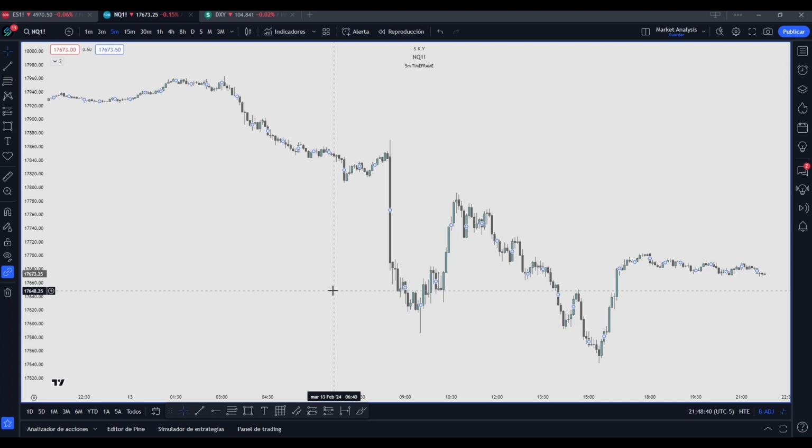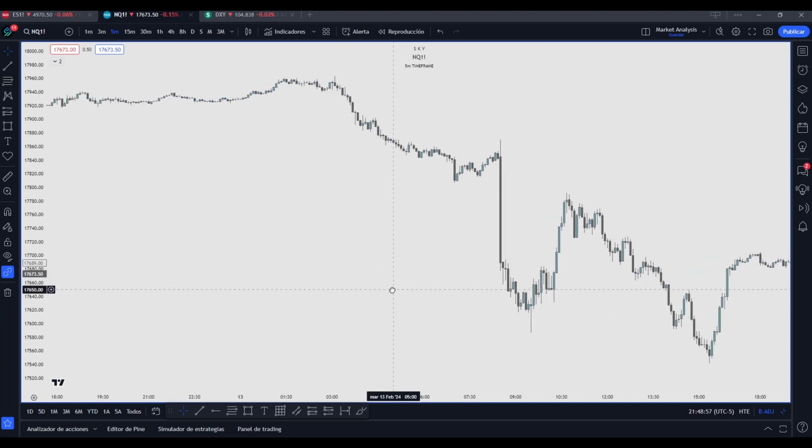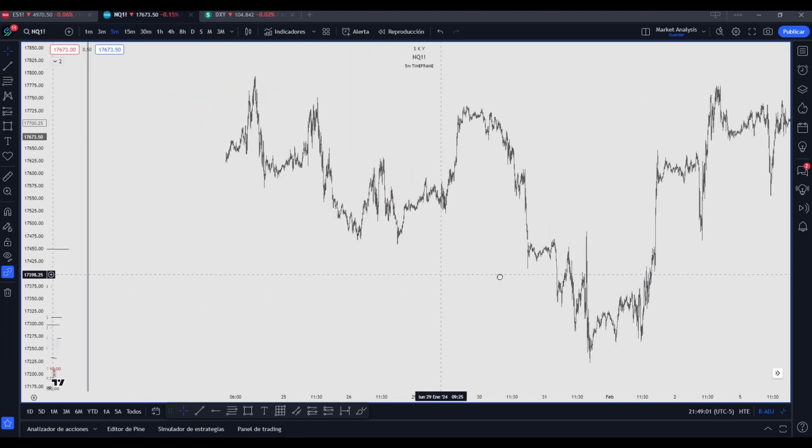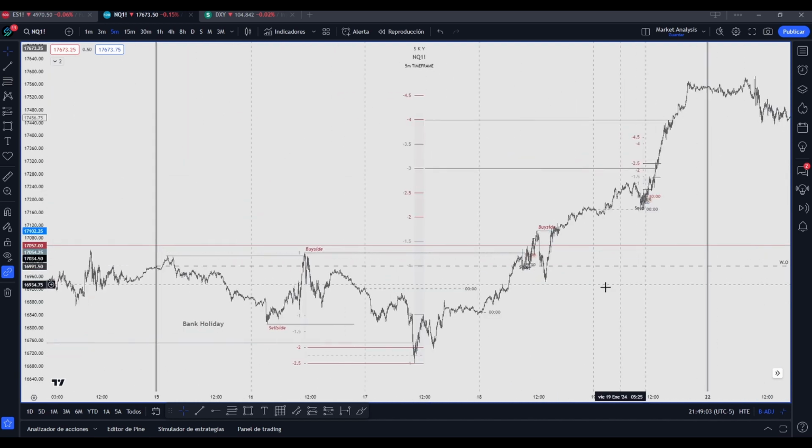Maybe your draw on liquidity was right, but you hesitate and you enter the trade early. So be more patient than usual. You need the power of 3 to dictate what your next movement will be, because if you hesitate, you are going to be the manipulation of a power of 3.